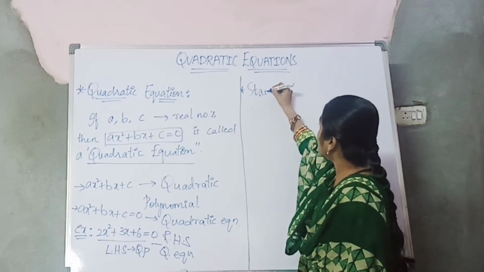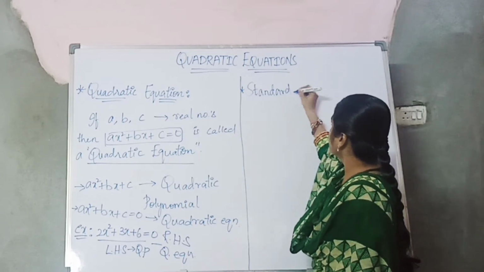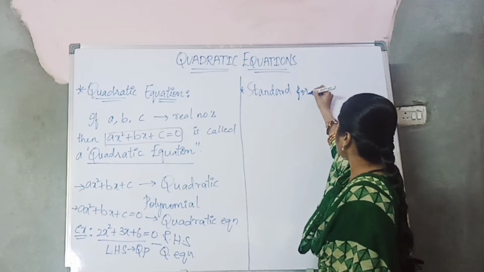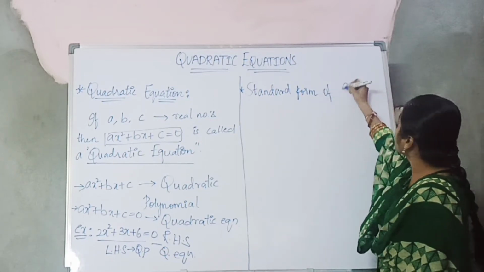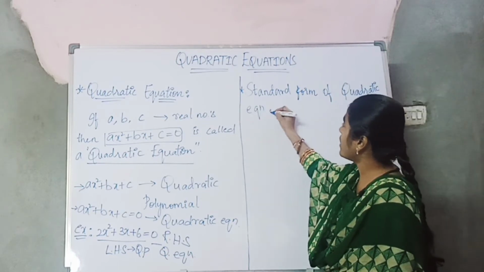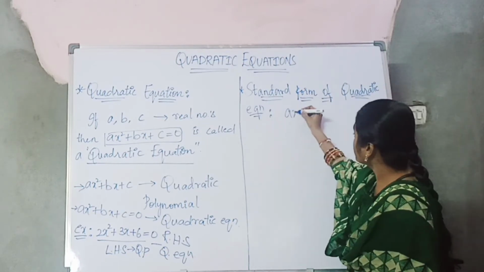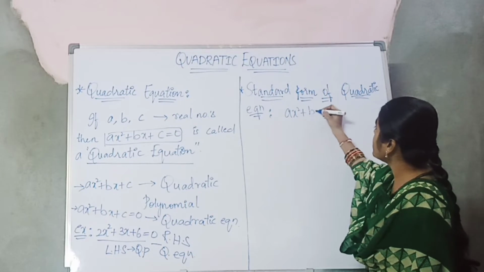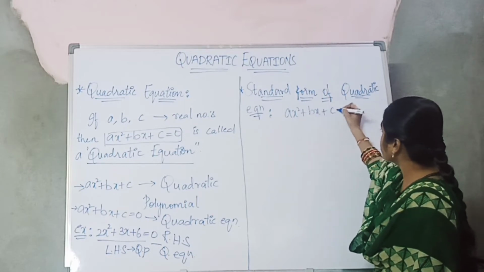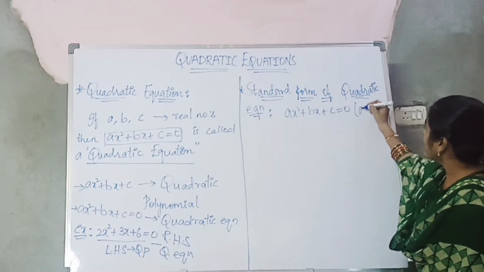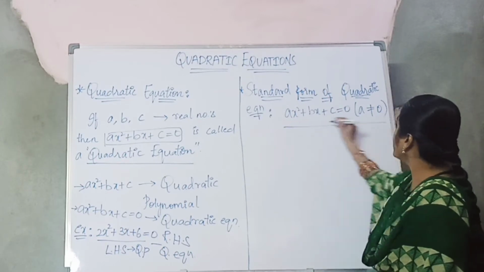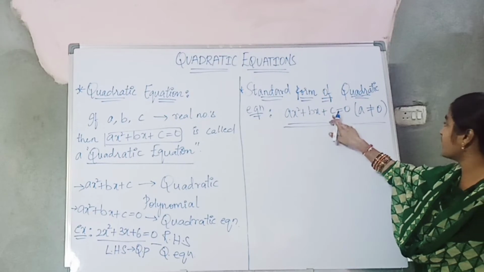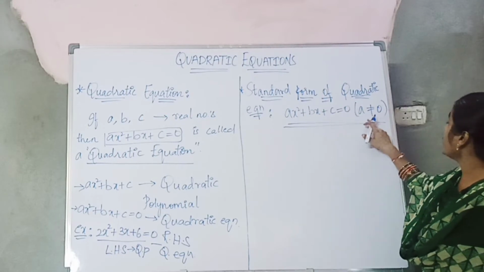Now, standard form of quadratic equation. So what is the standard form of quadratic equation? Ax square plus bx plus c equals to 0, where a not equals to 0.